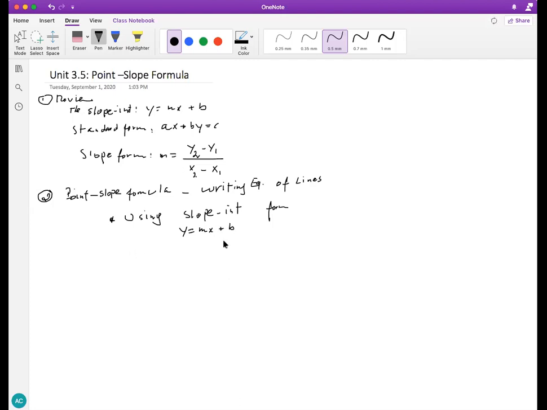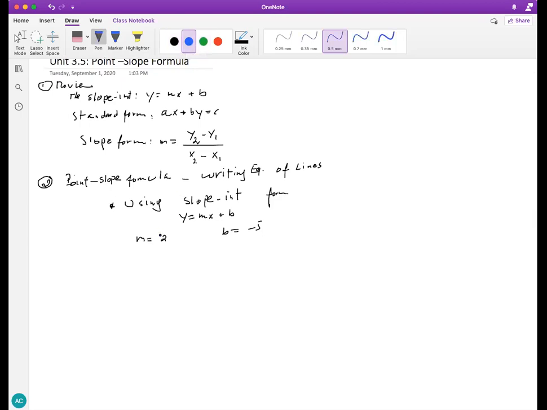So for example, if you have m, let's say the slope is 2 and b is -5, to complete this equation, all you have to do is plug m into m and plug b into b.